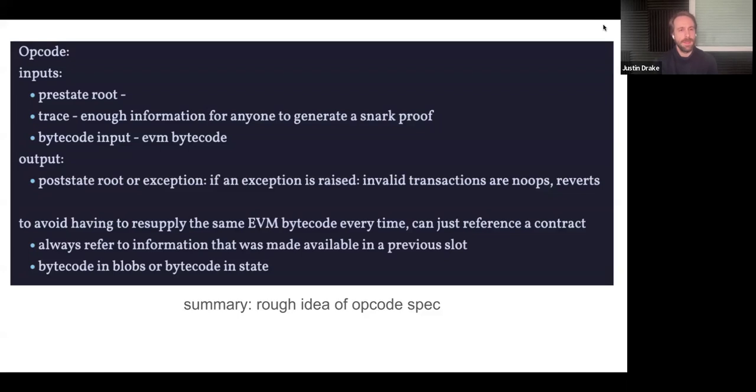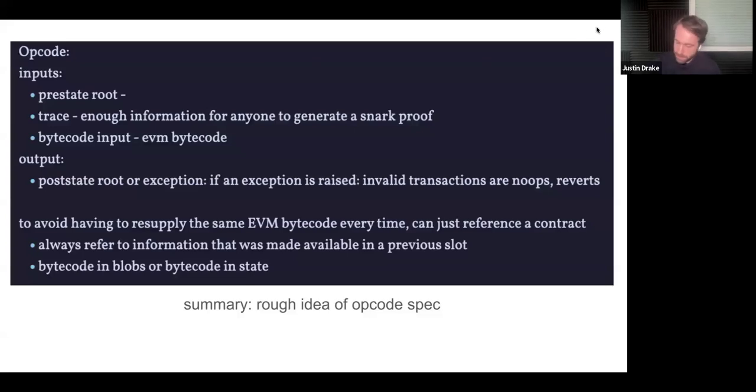And then the other slight change that I have is that instead of putting the post-state root as an output, right now what I'm thinking of is putting it as an input, and thinking of the opcode as being an assertion, basically returning true or false.